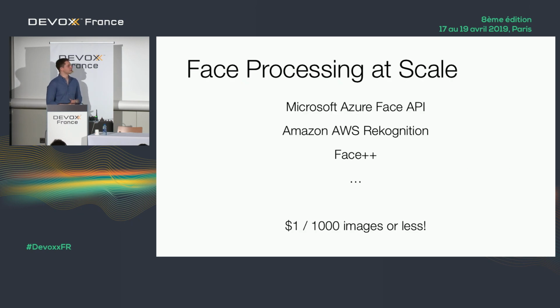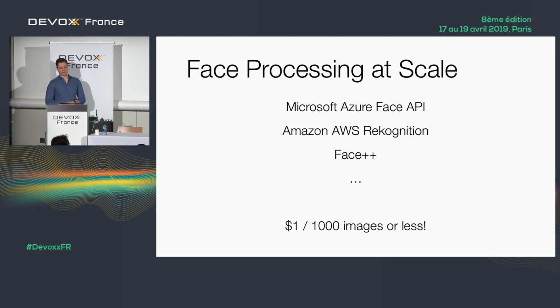It's also helpful to see that if you're working with face processing at scale, sometimes it's even easier to just use an API. So, for example, most of the cloud providers like Azure and AWS have functionalities for face processing. With Azure, for $1 or less, you can process over 1,000 pictures.